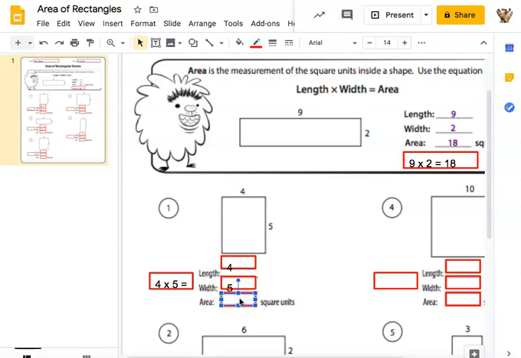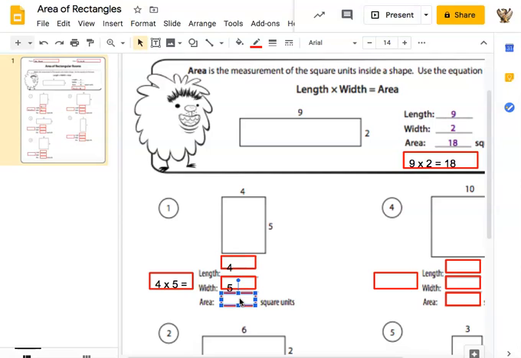So to figure out 4 times 5, 5 is a friendly number, so I can think about it like I'm just counting by 5s 4 times. So you can use your fingers to help you, and you count 5, 10, 15, 20. And you should have 4 fingers up now.